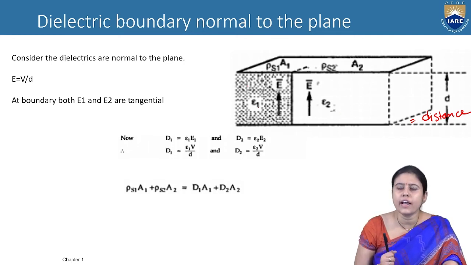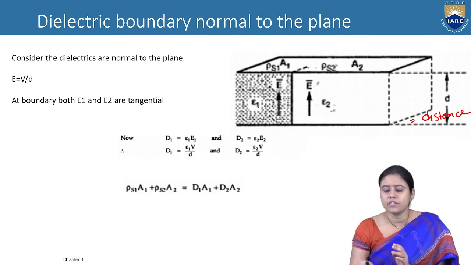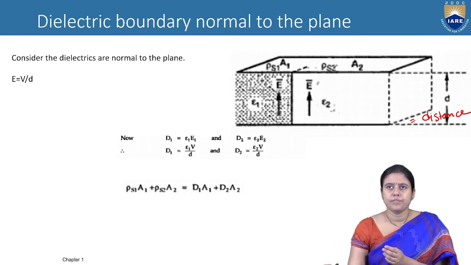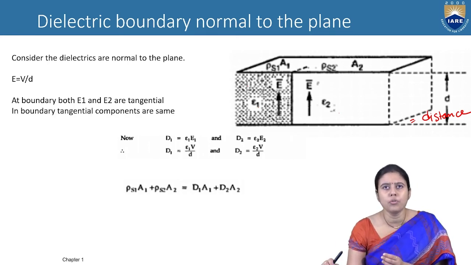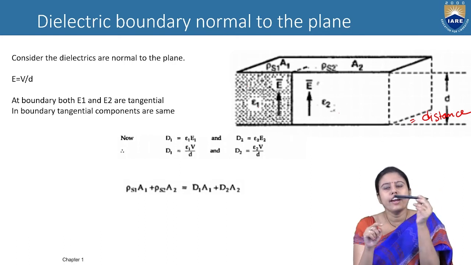E1 and E2, as I told, always work in the tangential form. In the previous case, they always worked in the radial direction.